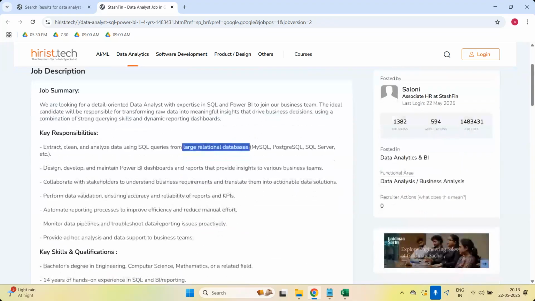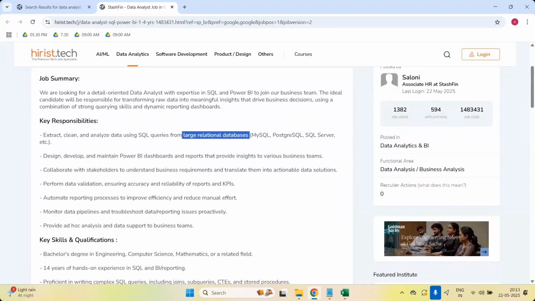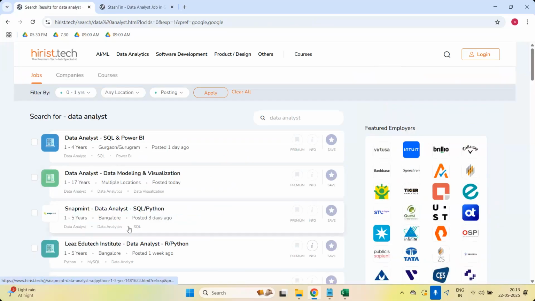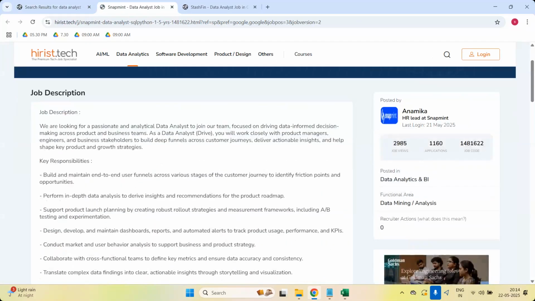Now you can read this one. What sentences are there here? You copy these sentences in a notepad. Similarly, go with another one. Take one more, and here also do the copy. Responsibilities copy, this one copy, that one copy.